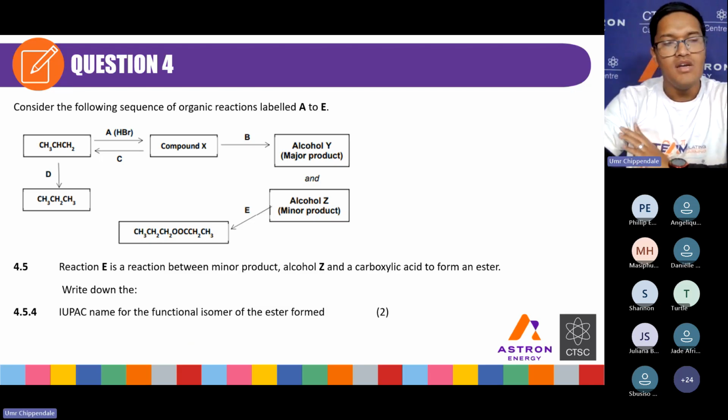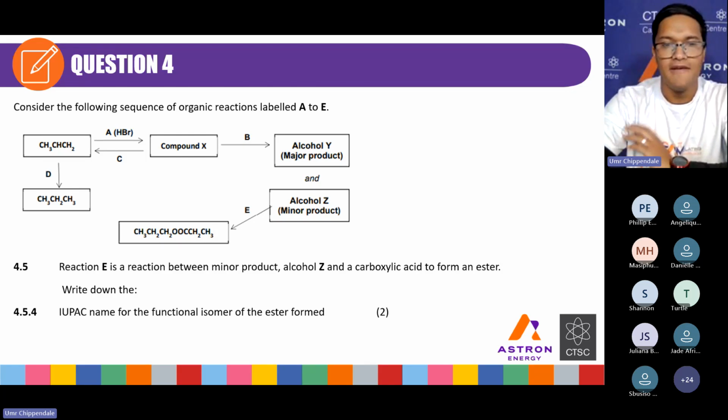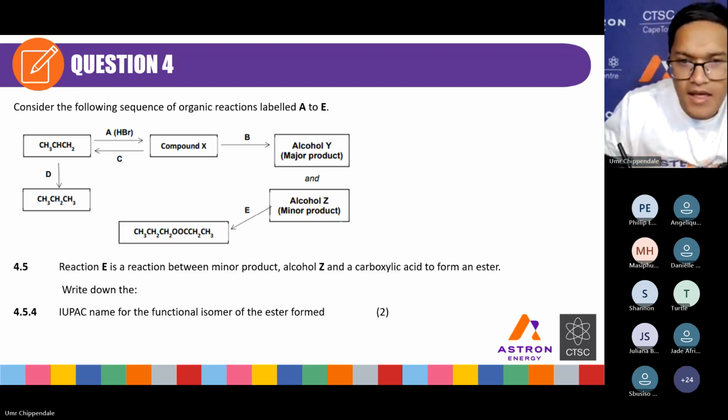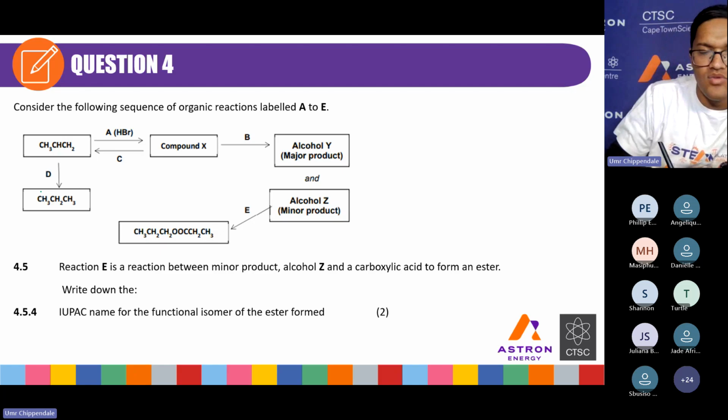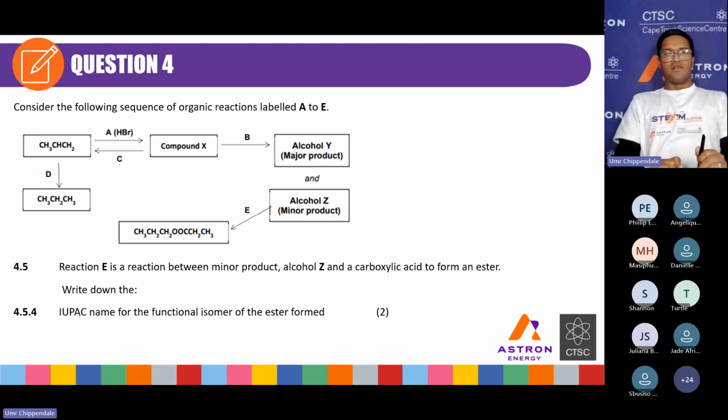4.5.4, here you need to write down the IUPAC name of the functional isomer of the ester formed. And that is going to be worth 2 marks. Now this one is not just going to be the ester that we had and we write it down. I want you guys to give me the functional isomer.